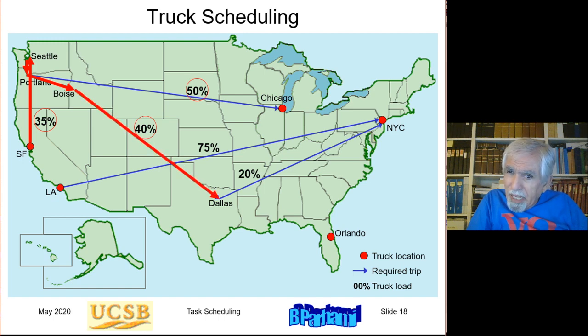So the truck is now 90% full, 50% with this shipment and 40 with this. And then it drops off that 40% in Dallas and is left with 50%. So it can load up the 20% shipment from Dallas to New York City and head to Chicago to drop off that 50% shipment, and then eventually from Chicago to New York City.